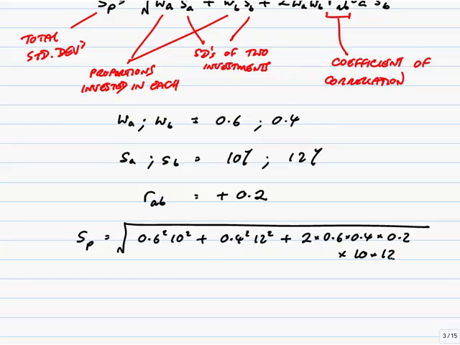Incidentally, be careful about the sign of this. Here, because the coefficient of correlation was positive, the whole of this last term is positive, but had it been negative, the whole of the last term would have been negative. Which gives us what? 0.6 squared times 10 squared is 36. 0.4 squared times 12 squared is 23.04.